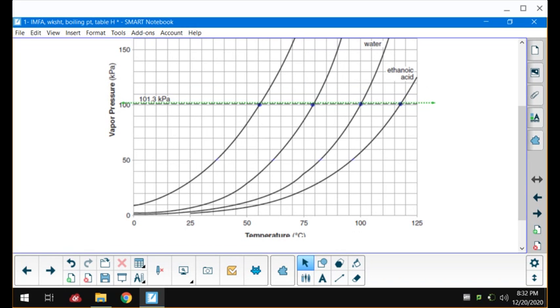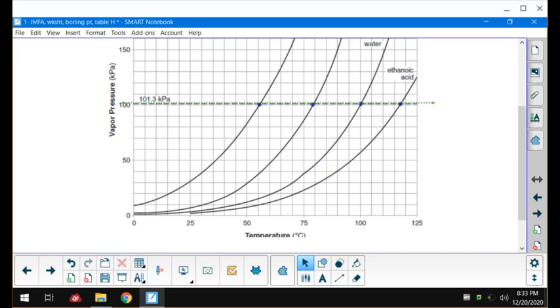Normal atmospheric pressure is 101.3 kilopascals, or 1 atmosphere, or one of the other myriad of units: bars and torrs and millimeters of mercury and inches of mercury and all sorts of crazy things. But in science, we're going to talk about 101.3 kilopascals.